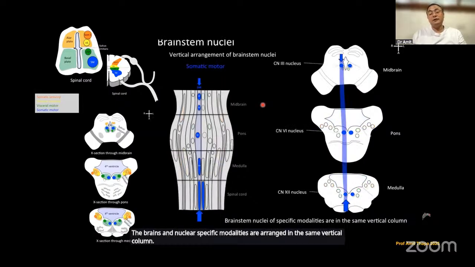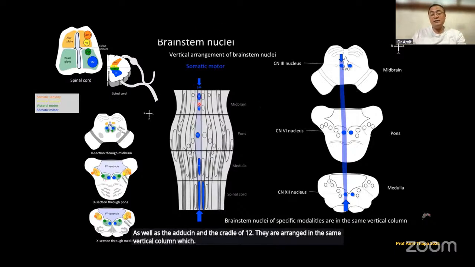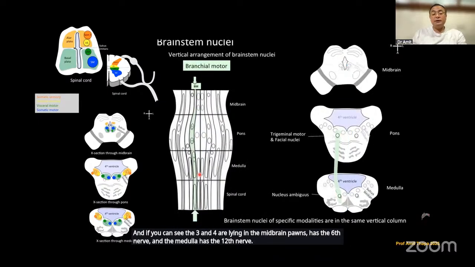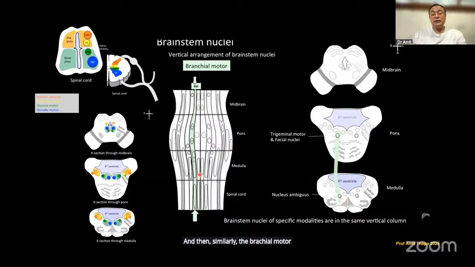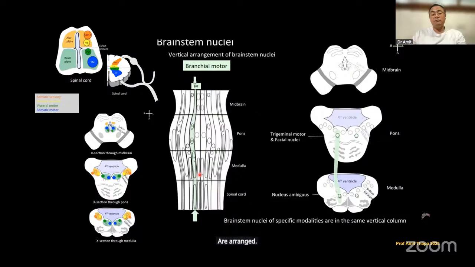For example, the somatic motor nuclei, which are cranial nerve 3, oculomotor, the trochlear, as well as the abducens and the cranial nerve 12, are arranged in the same vertical column, which is basically just in the midline. The 3 and 4 are lying in the midbrain, the pons has the 6th nerve, and the medulla has the 12th nerve. And then similarly, the branchial motor nuclei, which are paramedian to the somatic motor nuclei, are arranged in a similar vertical column.